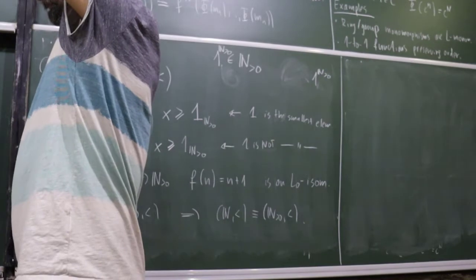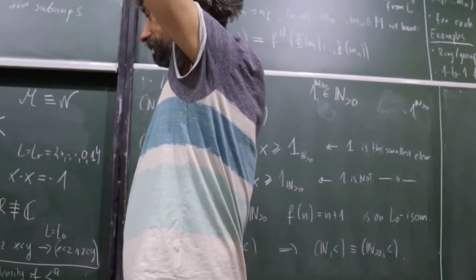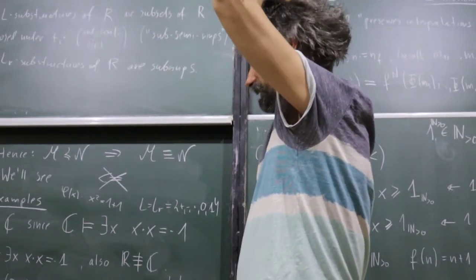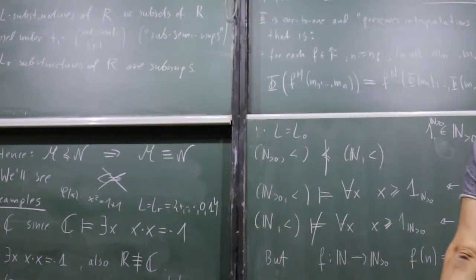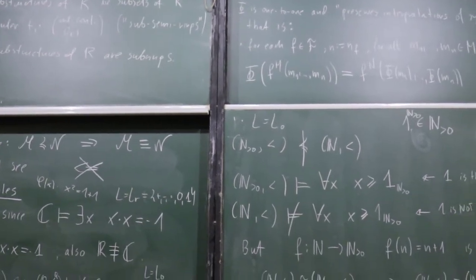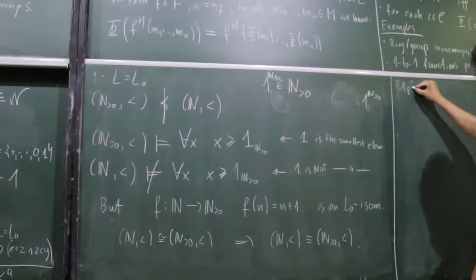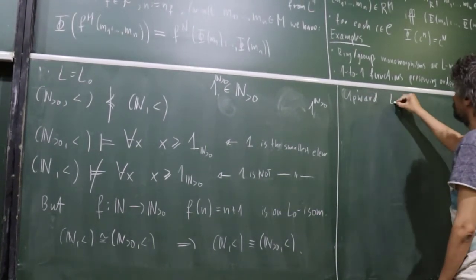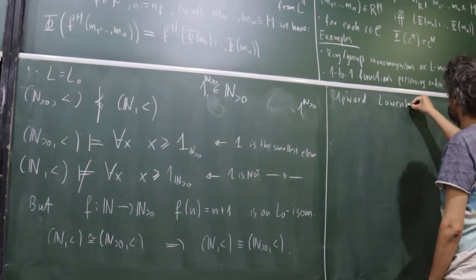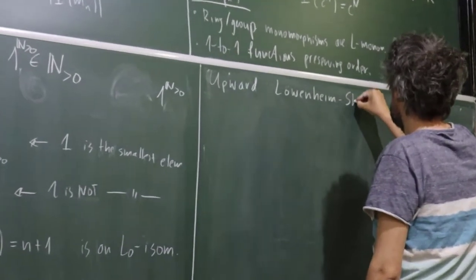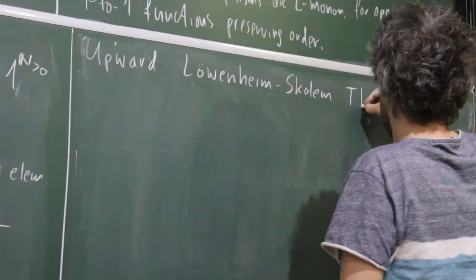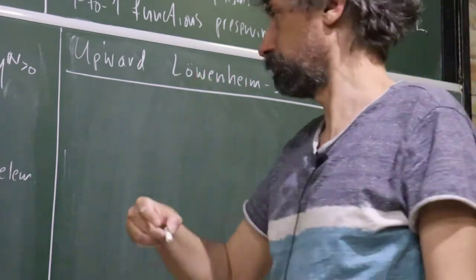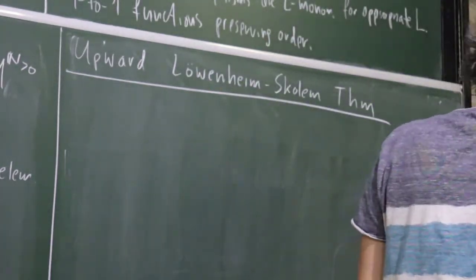It's more difficult to give examples, but now, using the compactness theorem, I will show there are always many, abstractly, many examples of such a situation. This is called the upward Löwenheim-Skolem theorem. We will not need the downward one. What does it say?